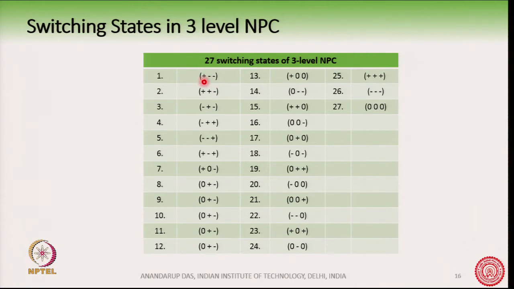You can have 3 possibilities on the A phase, plus, minus and 0. Similarly, you can have plus, minus and 0 on the B phase and on the C phase, thereby you have 3 into 3 into 3, that is 27 possibilities, which are listed in the table.